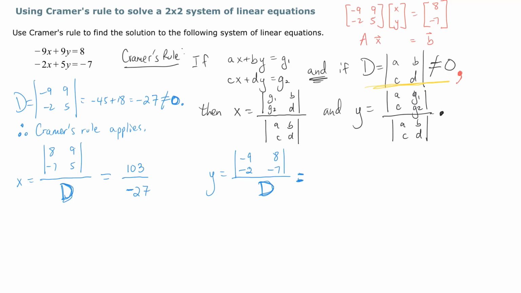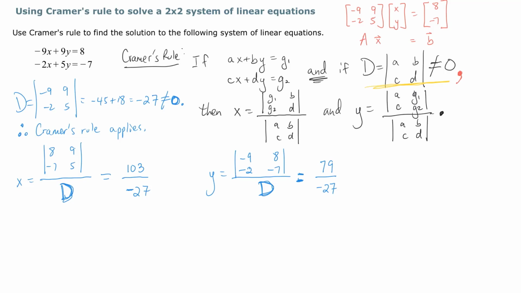You would once again have to take a course called linear algebra. It's quite sophisticated, but it is proven much later in a course much higher than this one. Let's figure out what y is. Y is going to be 63 plus 16. 63 plus 16 is 79. And put that over negative 27.